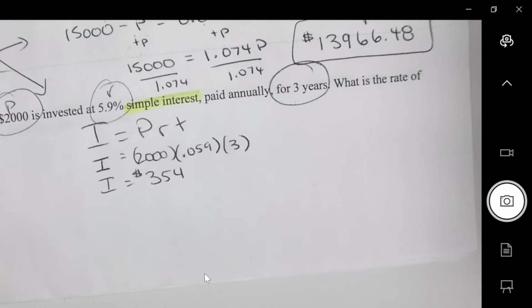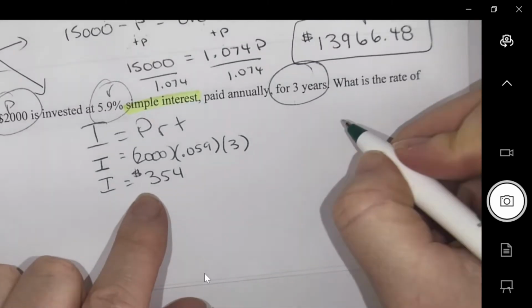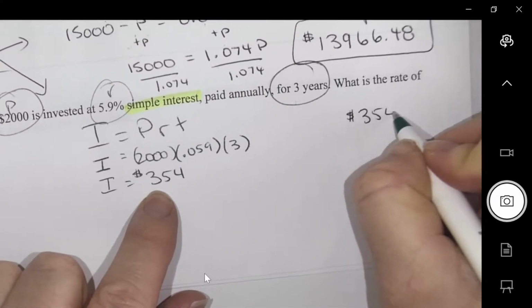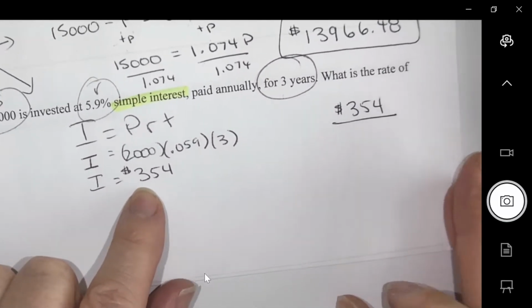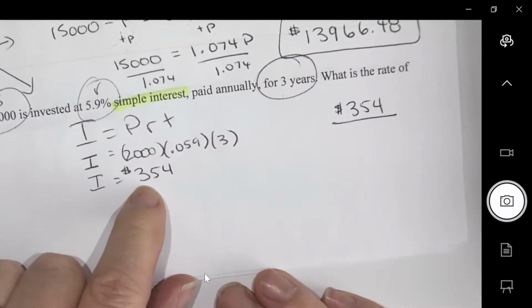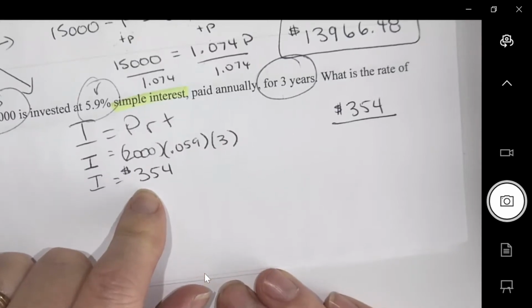Okay, what is the rate of return? There's a few times, I think like 4 times on your test, I asked for rates of return. So how much money did I make? Like as in how much interest, or how much did the bank contribute to me? I made that. That was not my own money. How much of my own money did I put in?